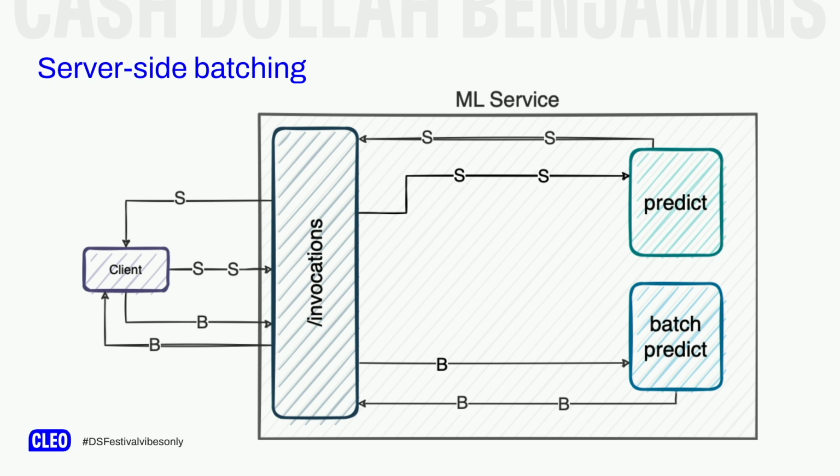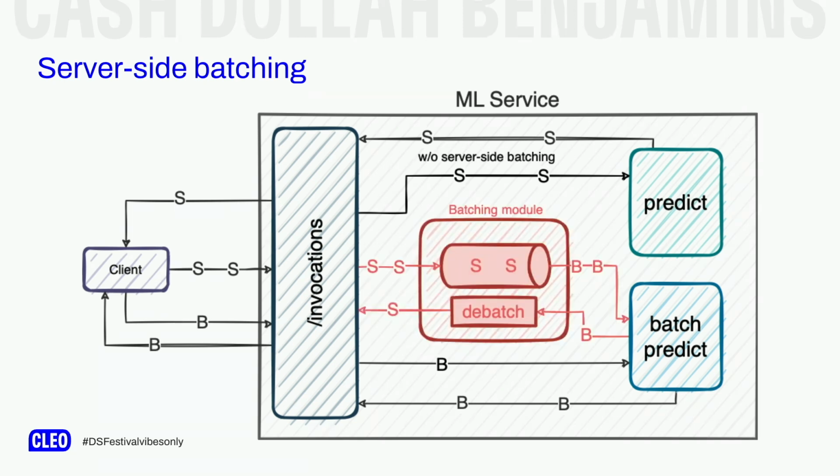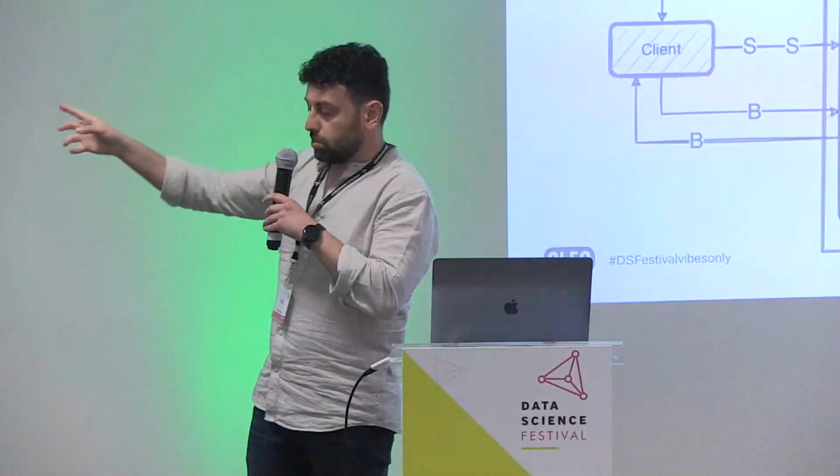So server-side batching is basically introducing a new module in the middle that is able to create batches out of single requests. So we are taking single requests, we are batching them, we are using batch predict, we are unbatching the batch response, and we are providing the single responses to the client.